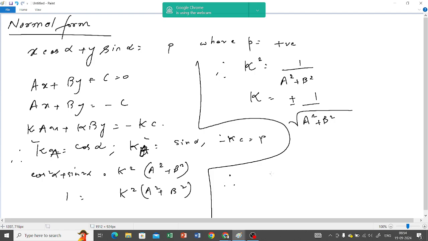Okay, so now putting them back into the equation, what do we get? We get plus minus ax divided by root over a square plus b square, plus minus by, what is the value of k?